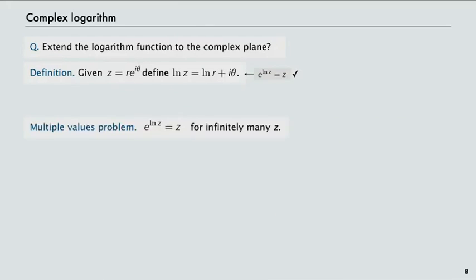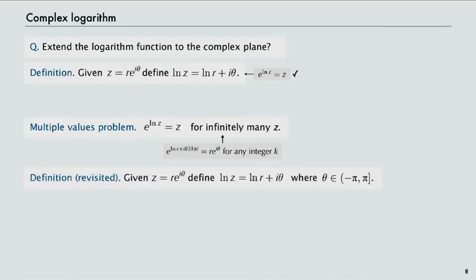But you still have the multiple values problem, because you can, again, add a multiple of 2 pi i and still have e to the that number equals z. So again, we want to define log z where theta is restricted to be in the interval from minus pi to pi.